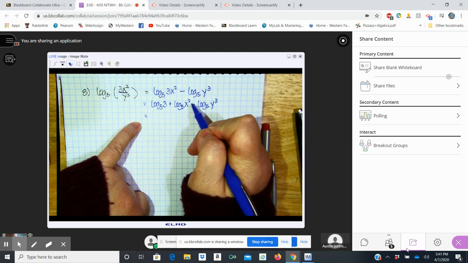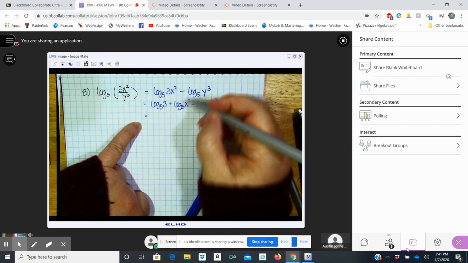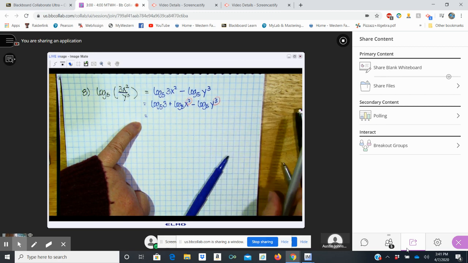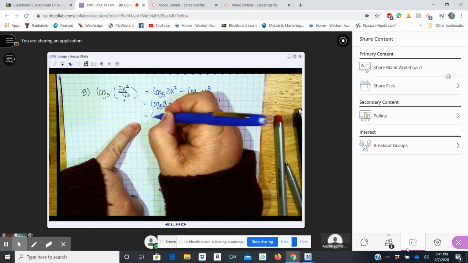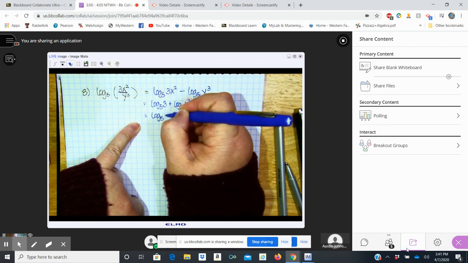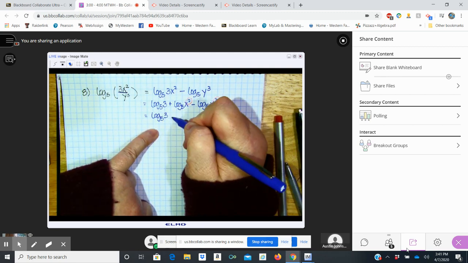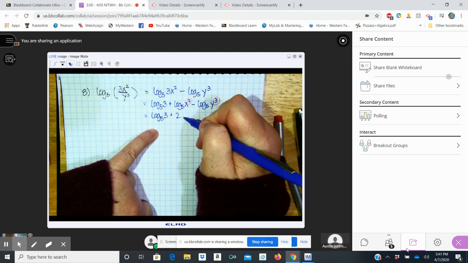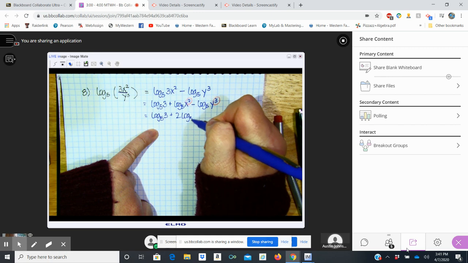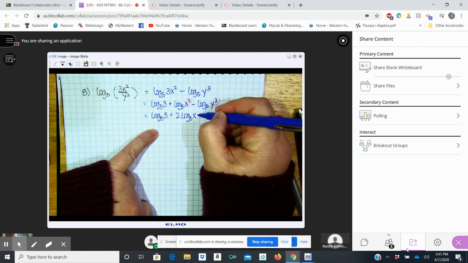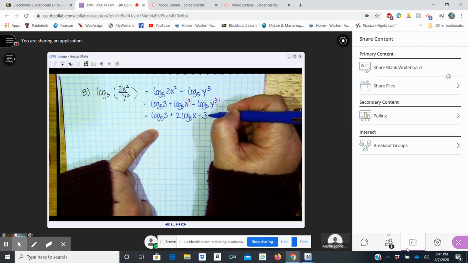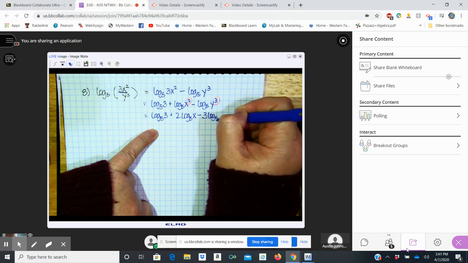Now we would deal with those exponents. Log base 5 of 3 plus 2 log base 5 of x minus 3 log base 5 of y.